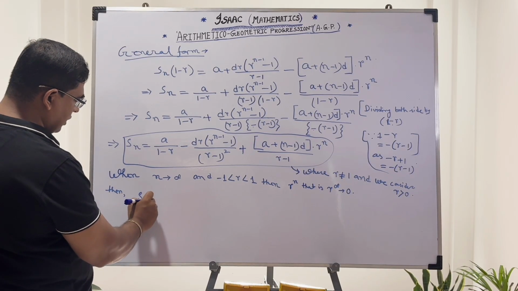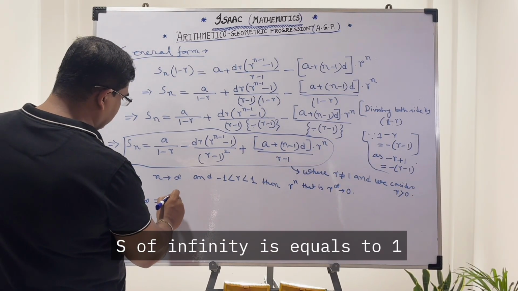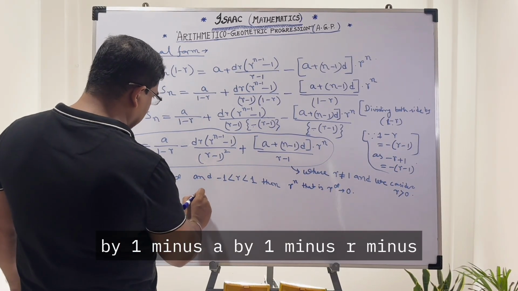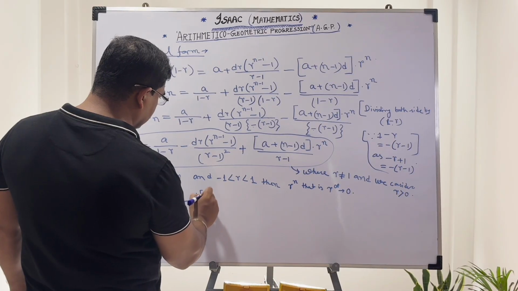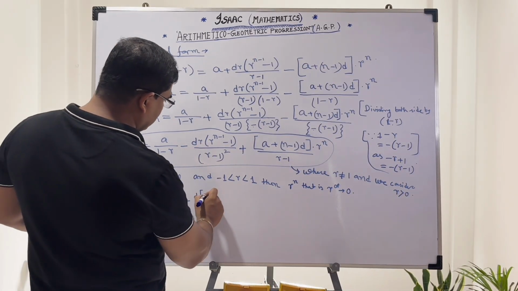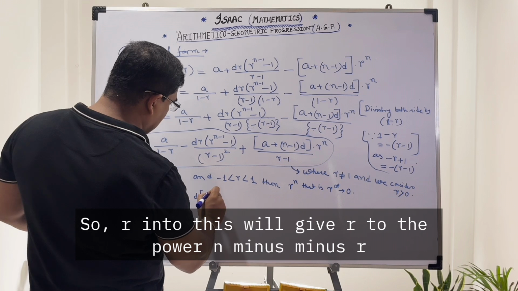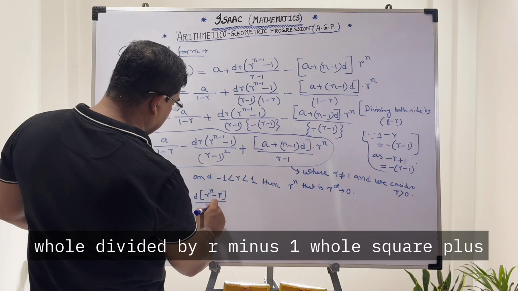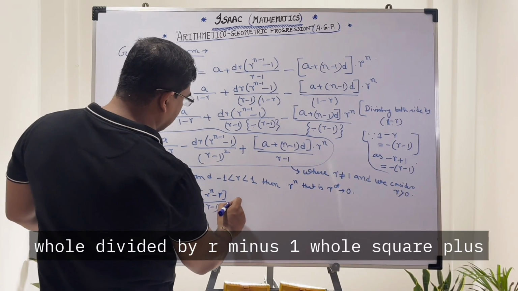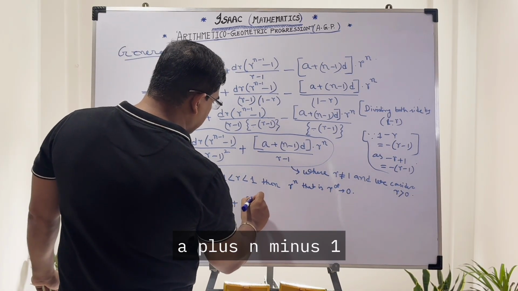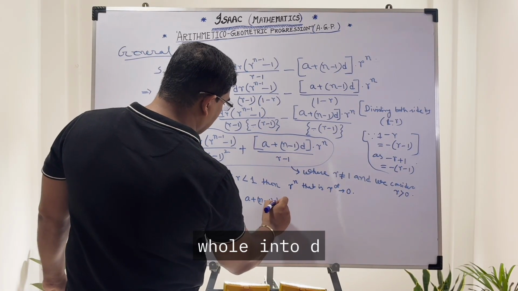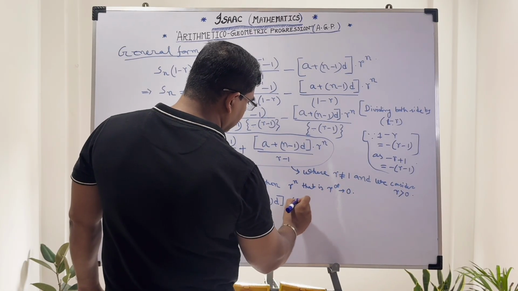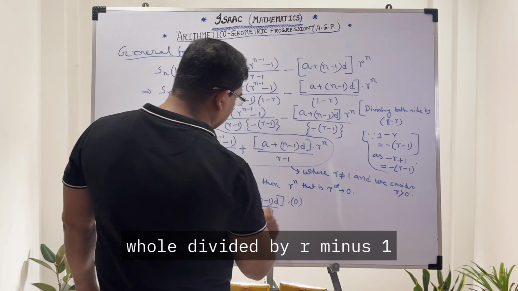Then S infinity is equal to a by 1 minus r minus d into, we can multiply these two, so r into this will give r to the power n minus r, whole divided by r minus 1 whole square, plus a plus n minus 1 whole into d, this whole into 0, whole divided by r minus 1.